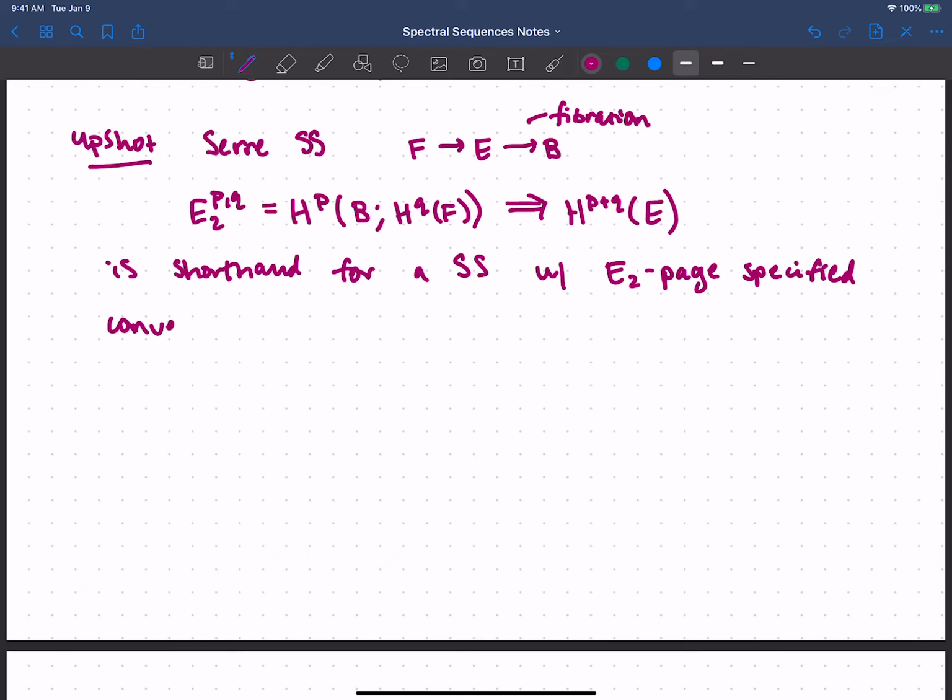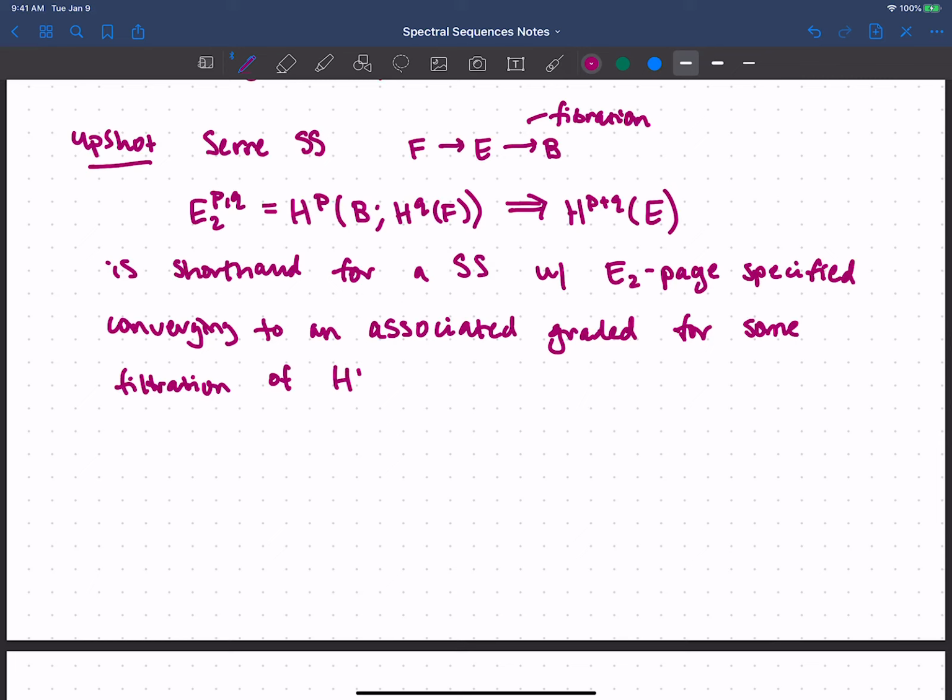And it's converging to, well, I sort of loosely say converging to the cohomology of the total space, but actually it's converging to an associated graded for some filtration of the cohomology of the total space. Maybe I really mean of that whole ring.